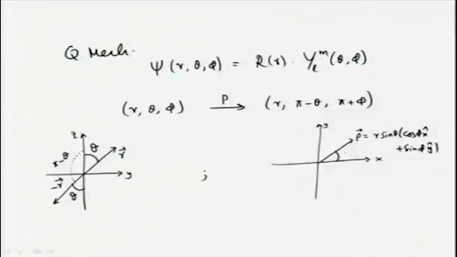Let us say it makes an angle phi with the x axis. Under parity, it will go to the opposite direction. And what is the angle that minus rho makes with the x axis? It is pi plus phi. So, that is what you have here.